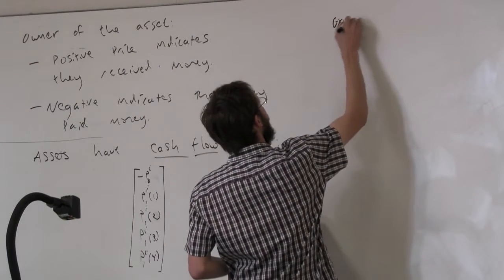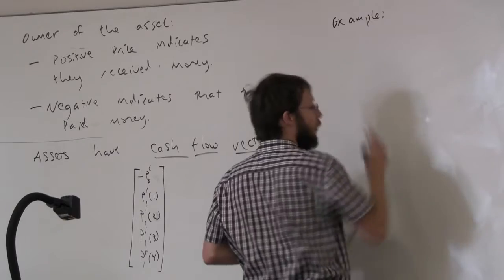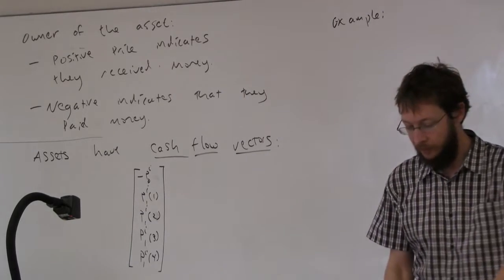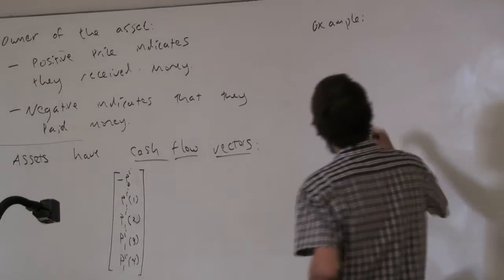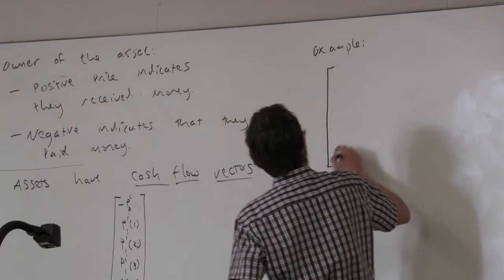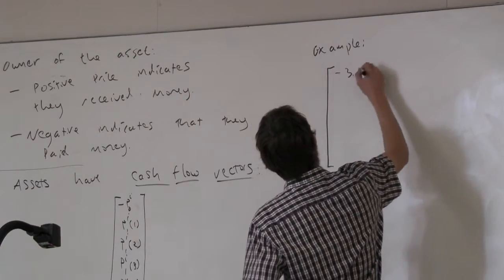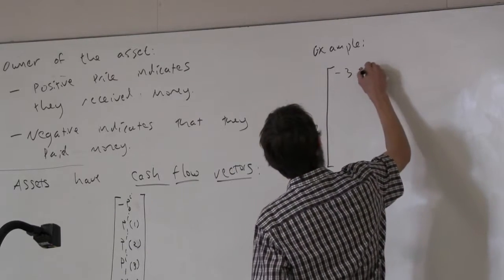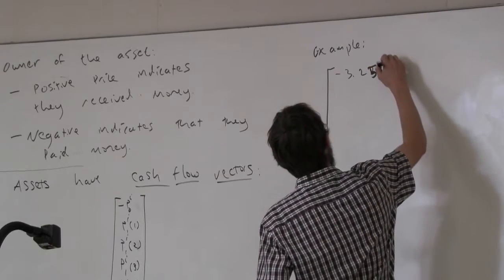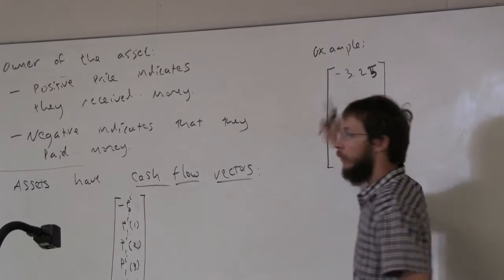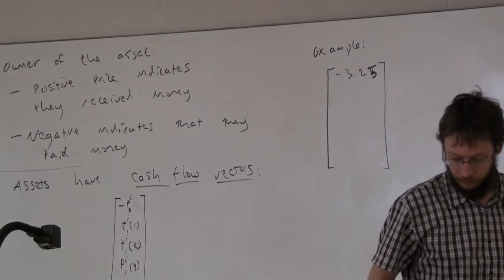So a good example would be, the price of gas fluctuates each day, right? You could buy a gallon of gas for $3.25 today. So this asset is something that you're buying, and you have to pay money to acquire it.